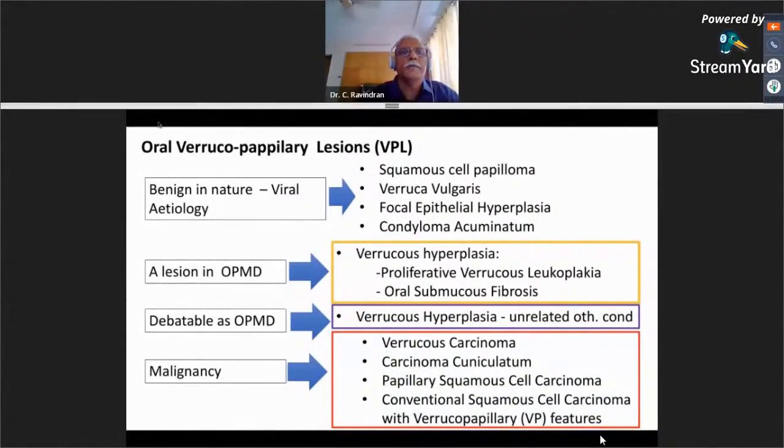However, it is still debatable as an OPMD if it is a verrucous hyperplasia by itself. When we started in 2013, we tried to say this is a potentially malignant disorder. But a lot of pathologists do not agree to this, except for the fact that it is within proliferative verrucous leukoplakia and oral submucous fibrosis, which is an OPMD.